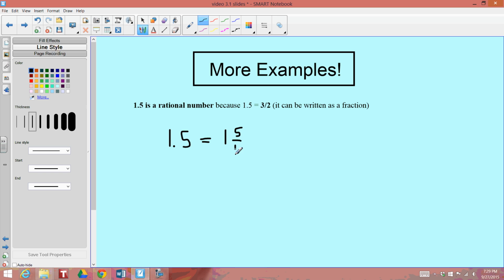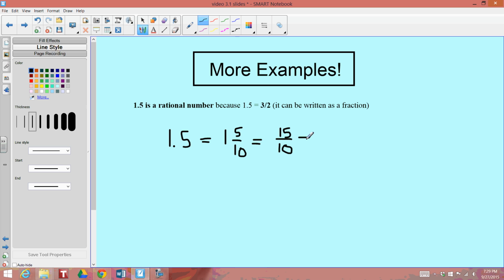And 1 5/10 is a mixed number now. And a mixed number, I can continue this and write it as an improper fraction, or that would be 15 tenths. And I can leave it at 15 tenths and still prove that it's a rational number.